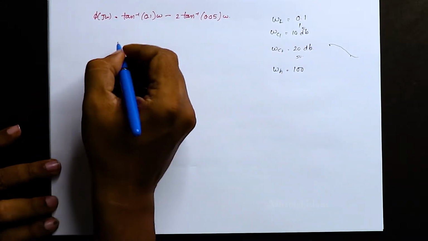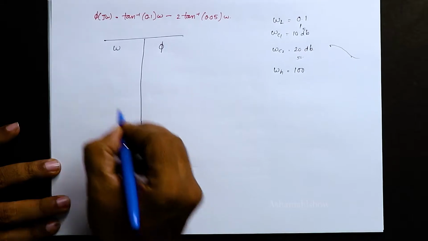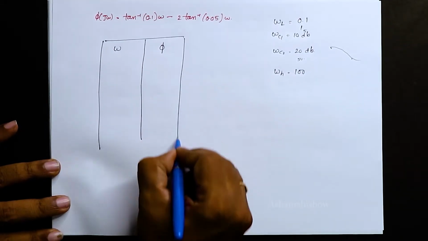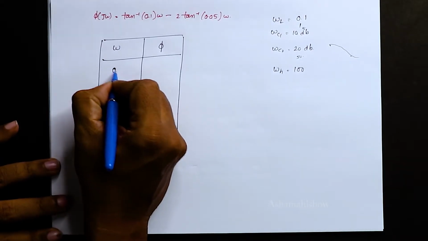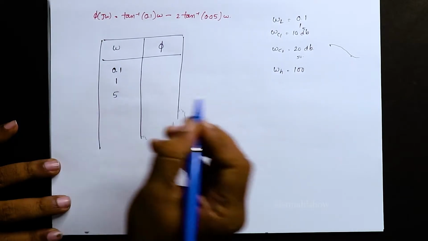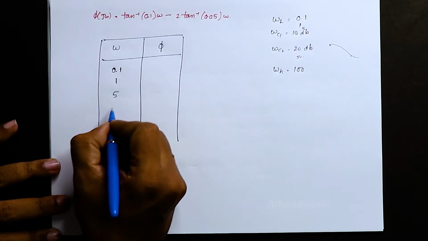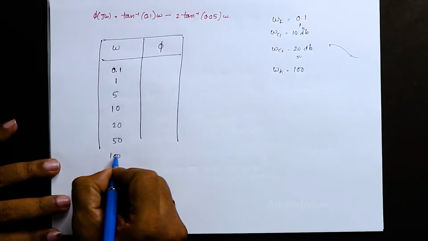So let us take many omega values here. This is very simple actually. Your table has the values like in the magnitude plot. I'll first take the low frequency 0.1. Then I'll take 1, 5, and I'll have my omega c1 which is 10. Omega c2 is 20. I will take 50 and let me take 100.